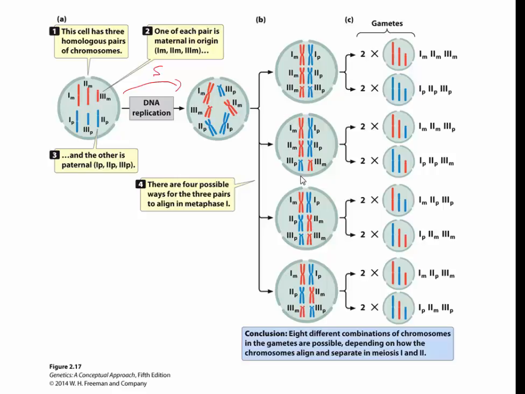So here we've got the 3rd chromosome flipped, so the blue one's on the left and the red one's on the right. And down here we got 2 with the blue on the left and 1 with the red on the left. Lots of different combinations.